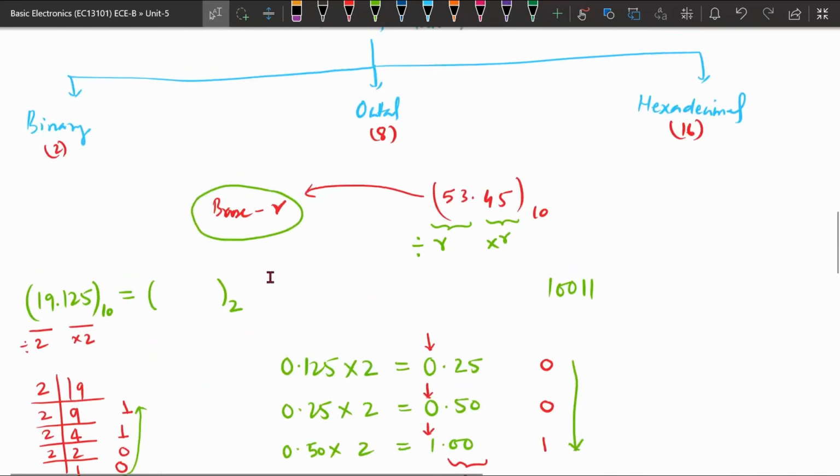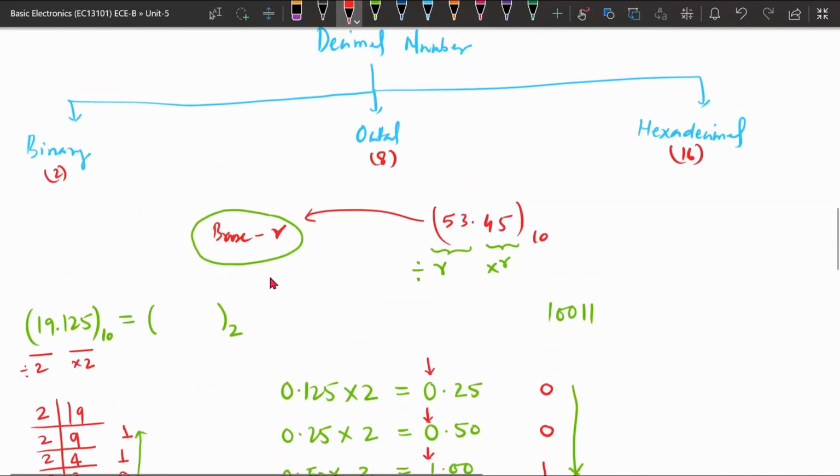Okay, so if it is a fractional part and we are not getting 0, what we will be doing is this. Suppose you have a decimal number, 10.125937829 and so on.